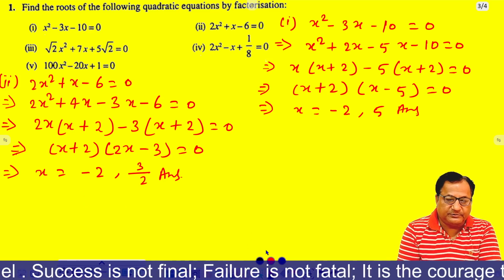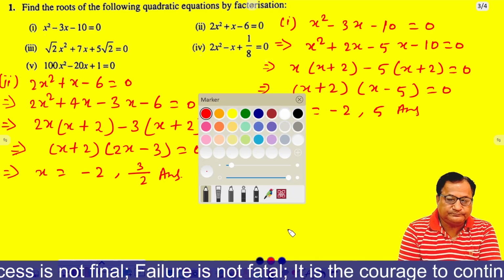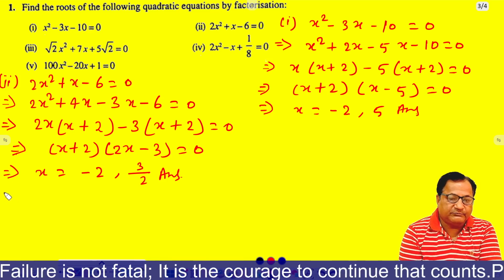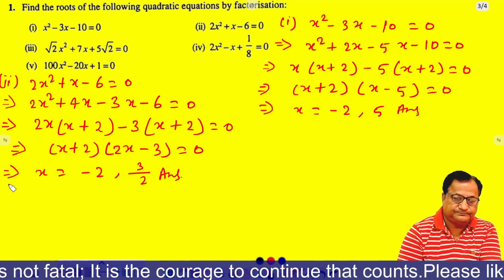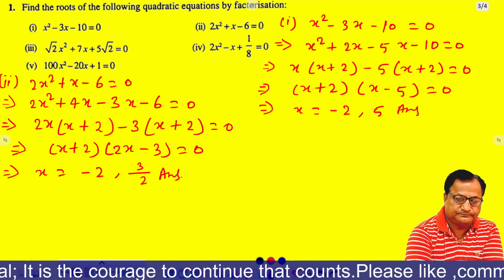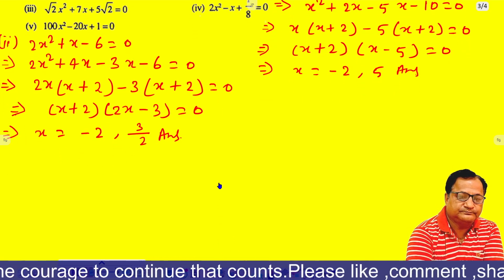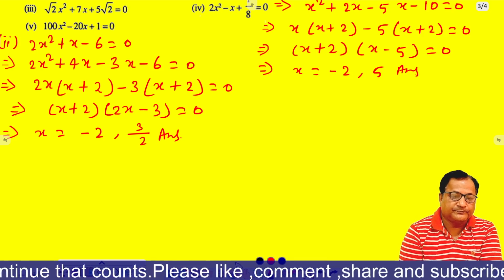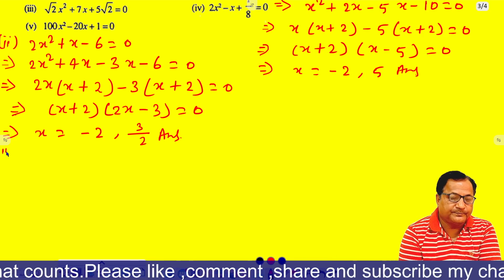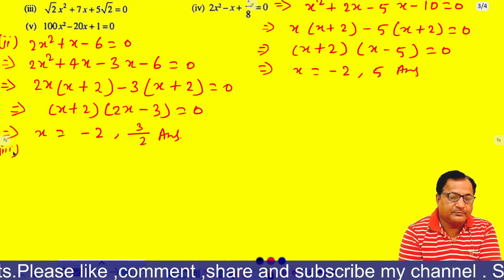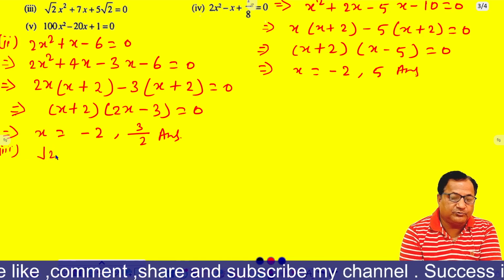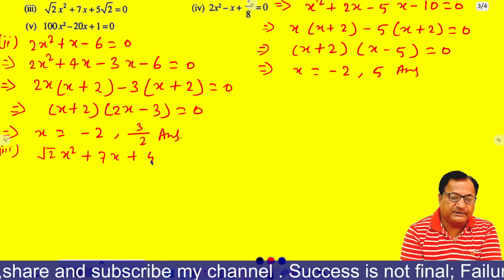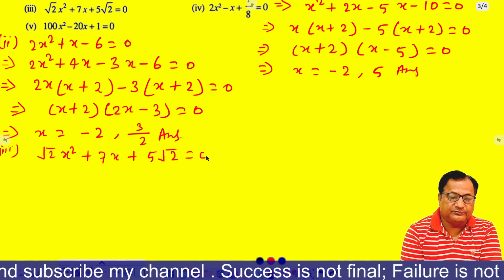Now see question number 3. Question number 3 is root 2 x square plus 7x plus 5 root 2 equal to 0.